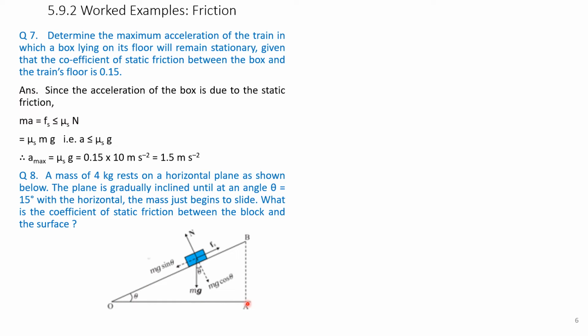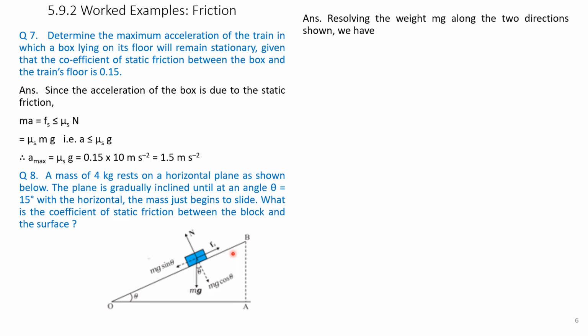OA is the horizontal, OB is the inclined plane. The mass just begins to slide. We have to find the coefficient of static friction between the block and the surface, that is mu s between the block and the inclined plane.